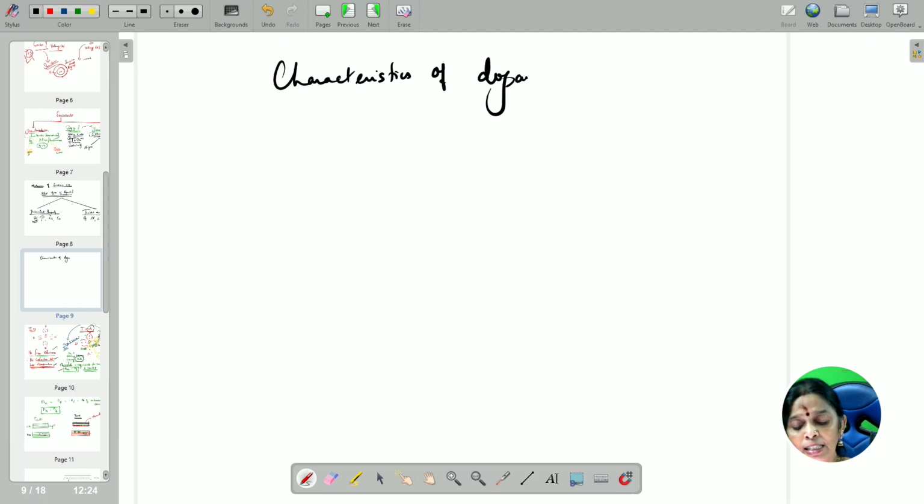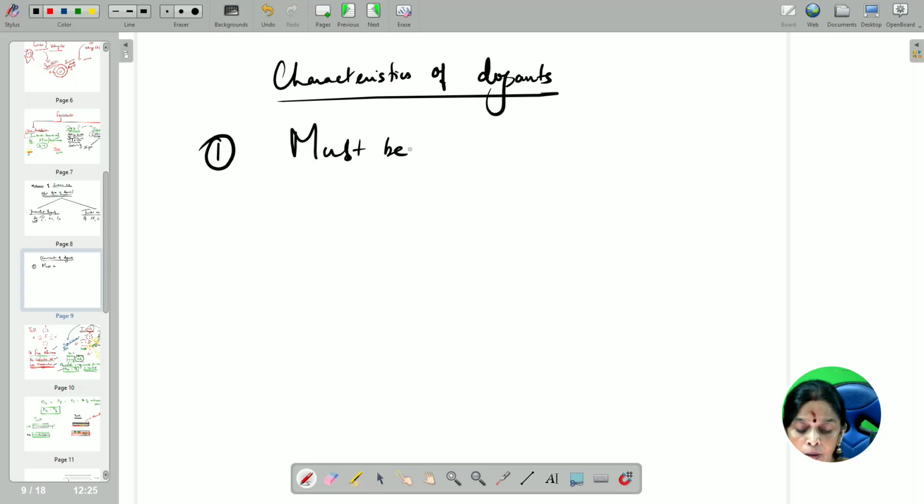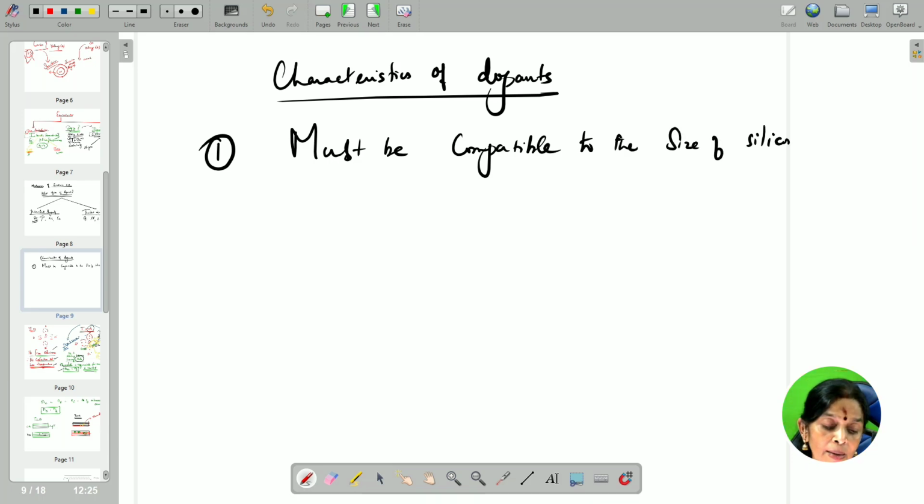The dopant must have a size compatible to the size of the silicon atom, silicon or germanium atom.